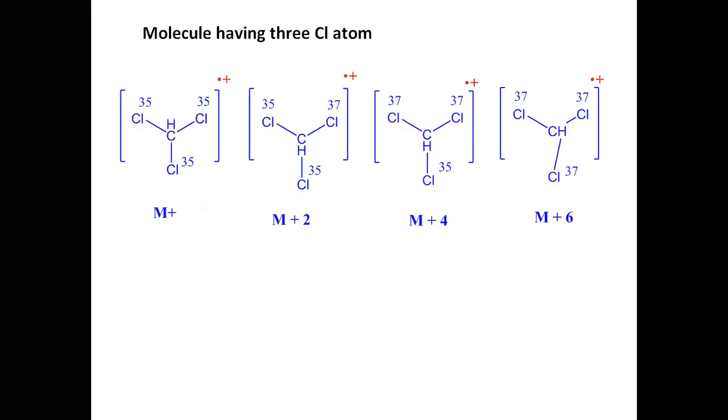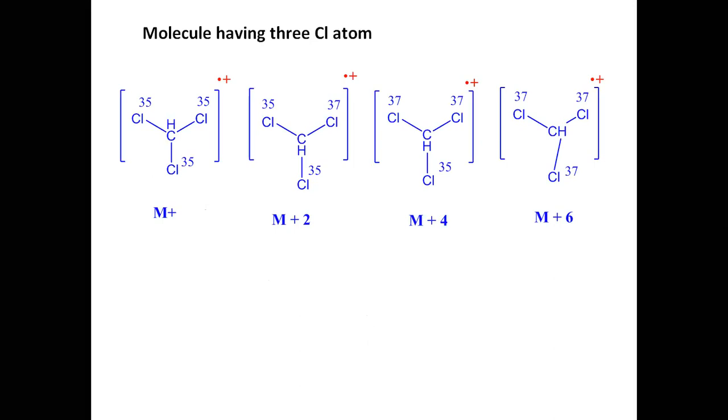Okay. So we can go further. See, if a molecule has three chlorine atoms, this is again another example. Suppose the molecule has three chlorine atoms, so these are the possibilities. What are the possibilities?